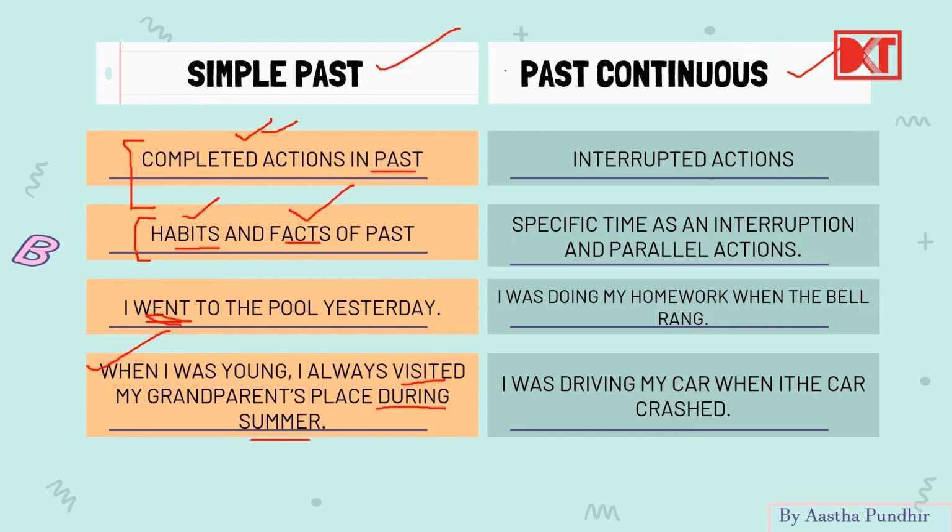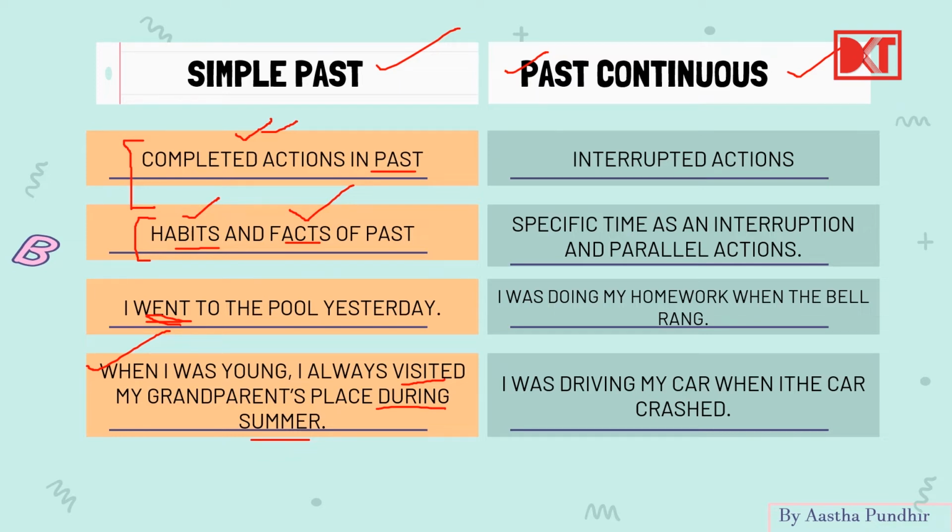Now for past continuous, past का कोई interrupted action, जैसे specific time as an interruption and parallel actions. जैसे मैं आपको एग्जाम्पल देती हूँ कि I was doing my homework when the bell rang.